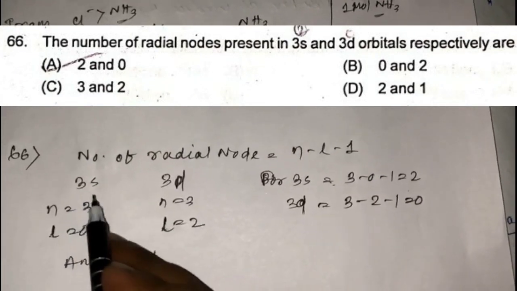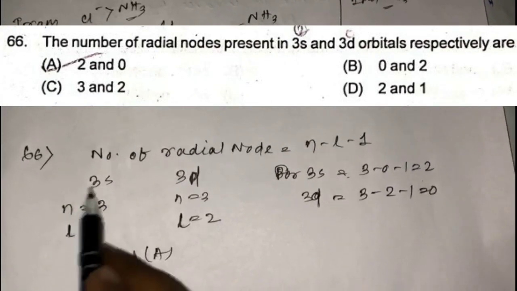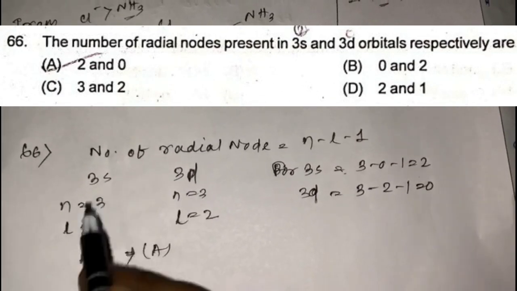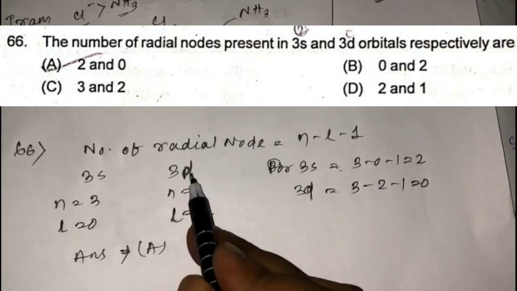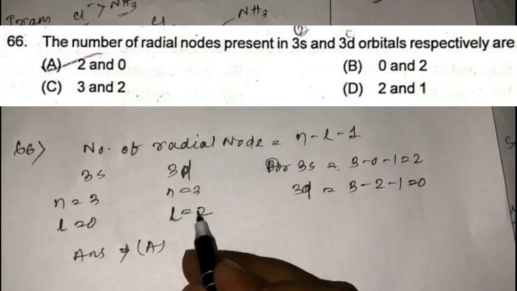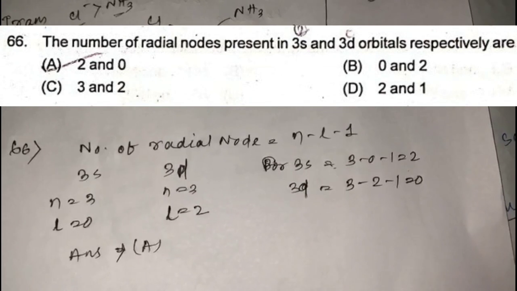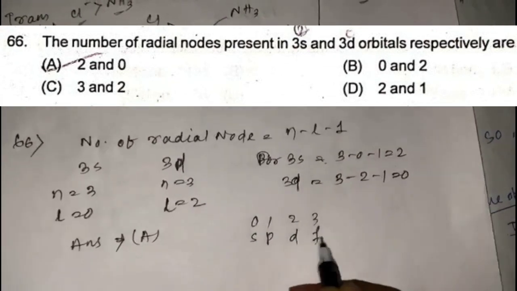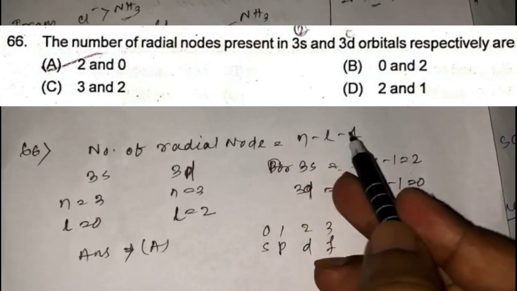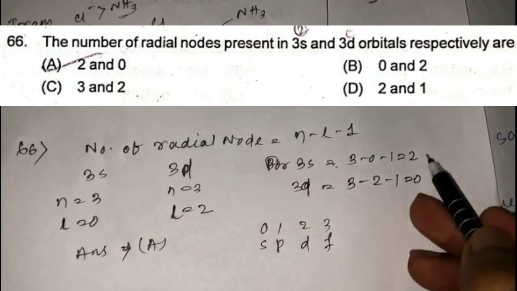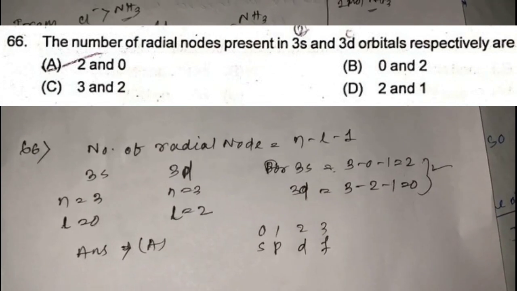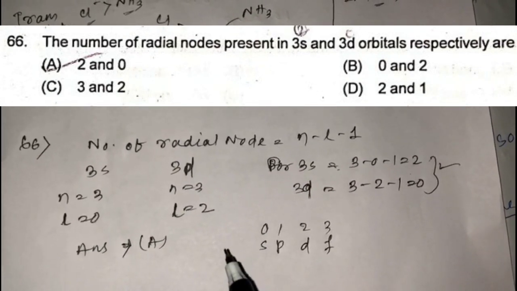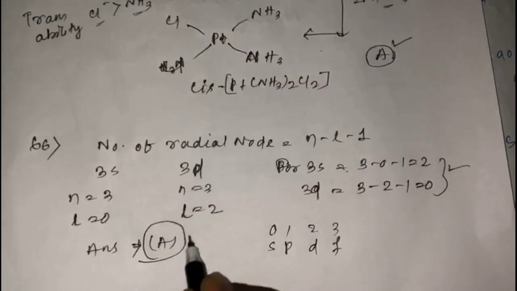So for 3s, the greater number, that is 3, will be your principal quantum number, l will be 0, and for 3d, n equals 3 and l equals 2, because 0 1 2 3, this will be s p d f. So substituting the value in this particular formula, you will get this. So 2 and 0, the correct option for this particular question will be A, 66A.